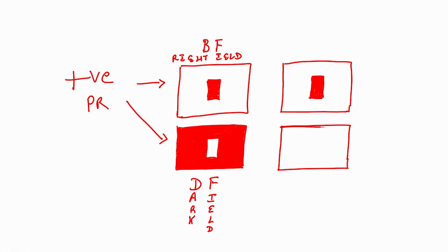When I have positive photoresist and a dark field mask, then I will have this pattern, the one that I am drawing.